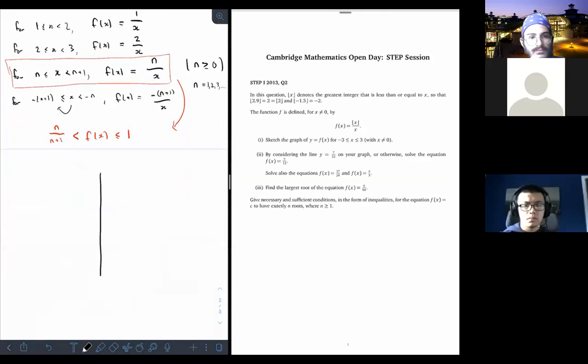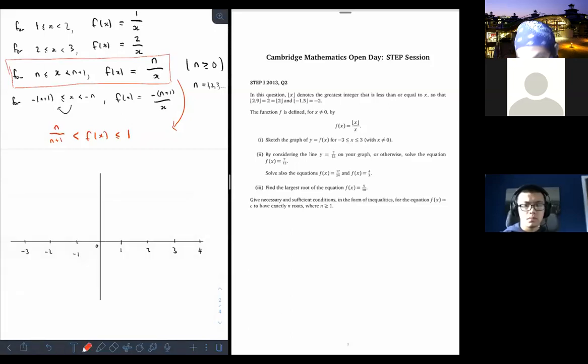So let's now draw a big set of axes, and let's label on some points. So 0, 1, 2, 3. I'll extend it a bit more: 4, minus 1, minus 2, minus 3.